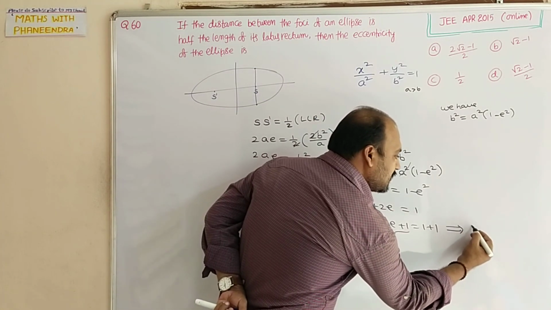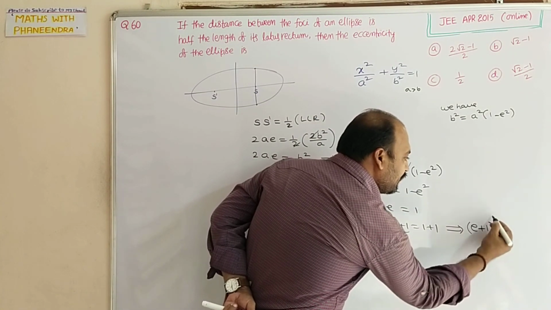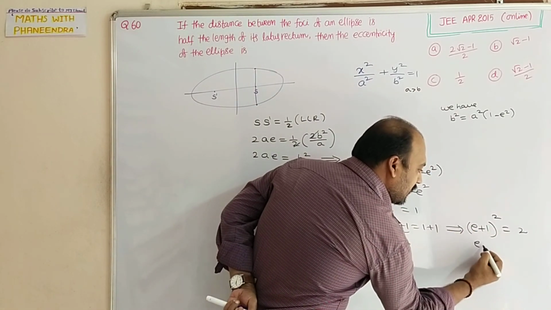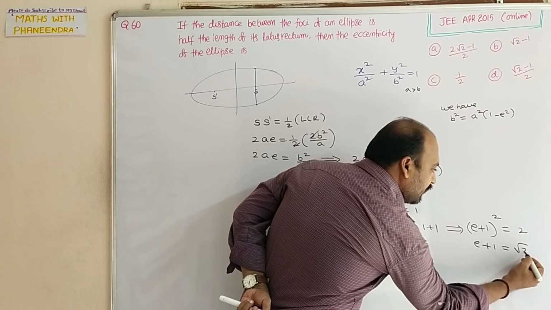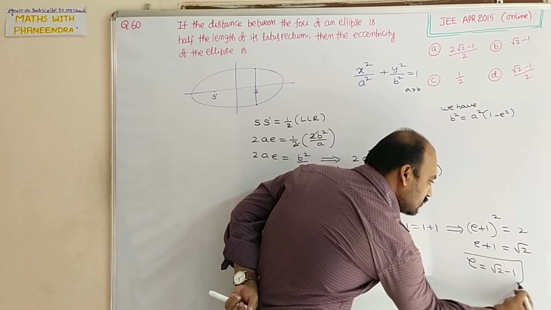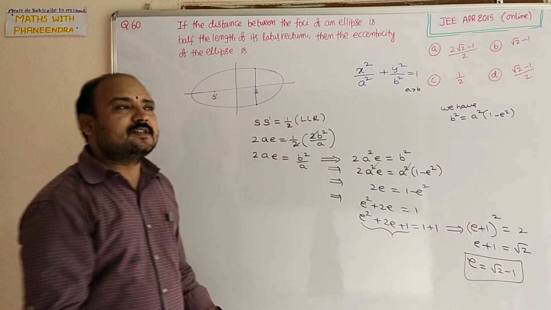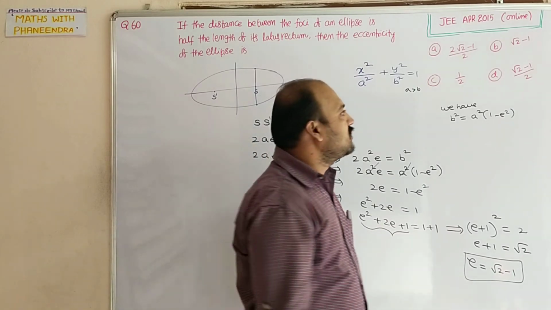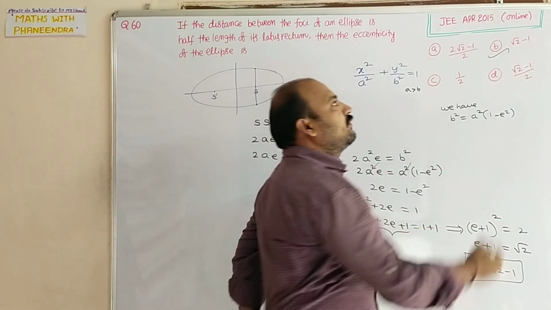That implies e plus 1 whole square is equal to 1 plus 1, 2. So e plus 1 is equal to root 2, so eccentricity e equal to root 2 minus 1. Therefore, the eccentricity of the required ellipse is root 2 minus 1, which is there in the second option.